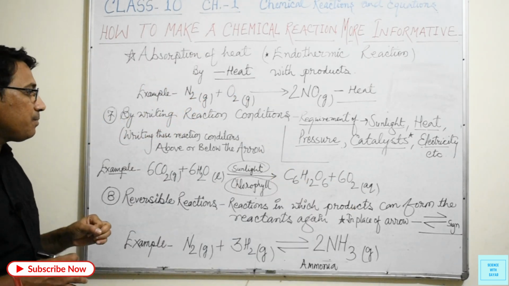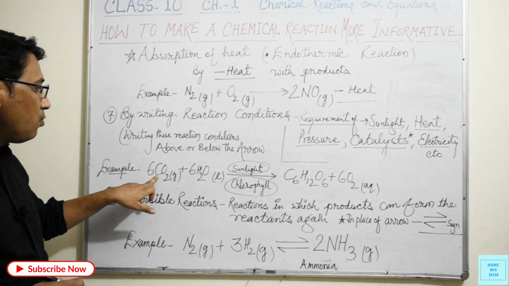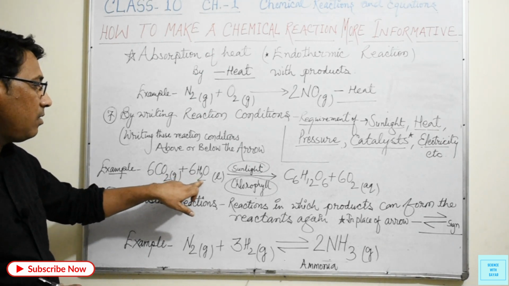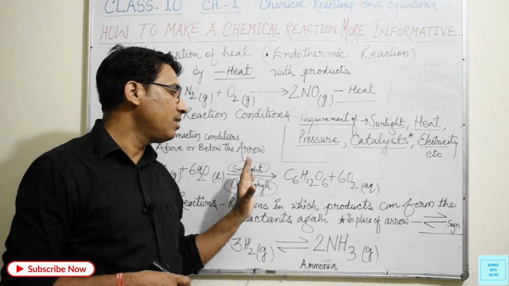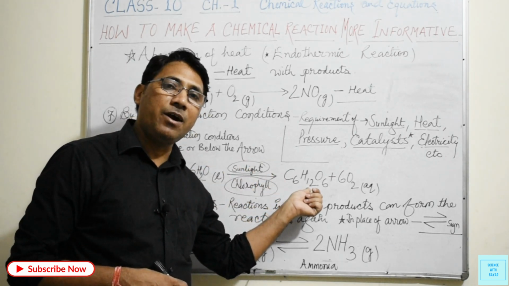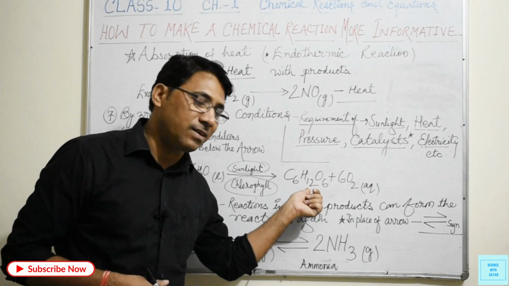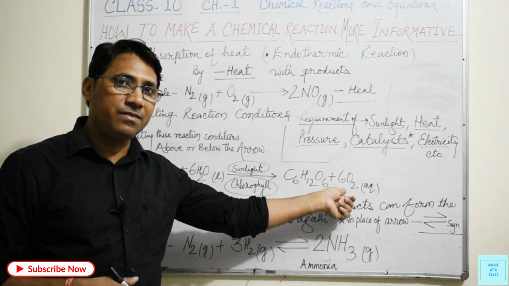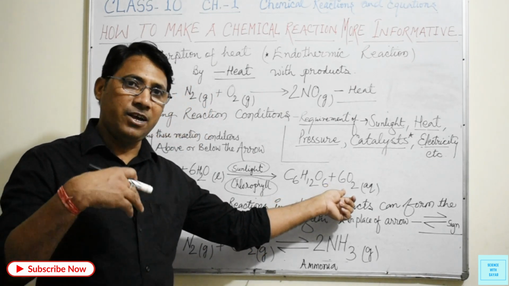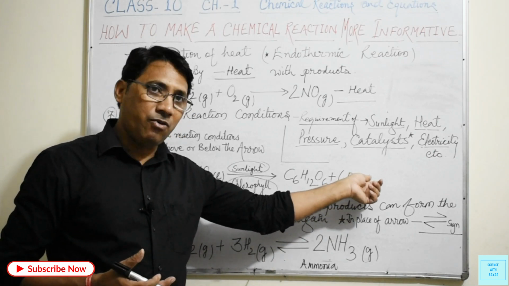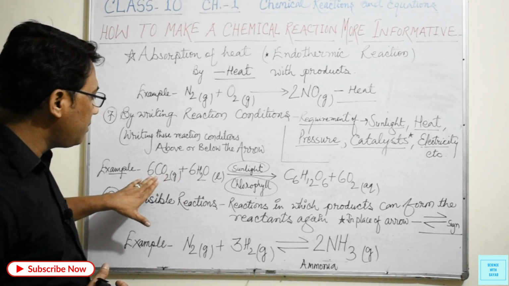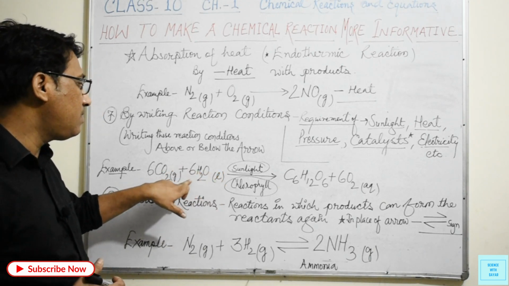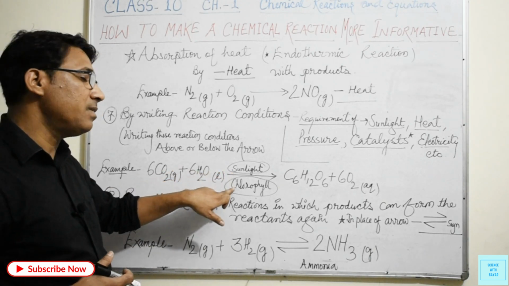For example, CO2 and H2O. It means water and carbon dioxide react with each other to form carbohydrate or glucose, C6H12O6, and oxygen gas is also released. To react, these two reactants need specific conditions.